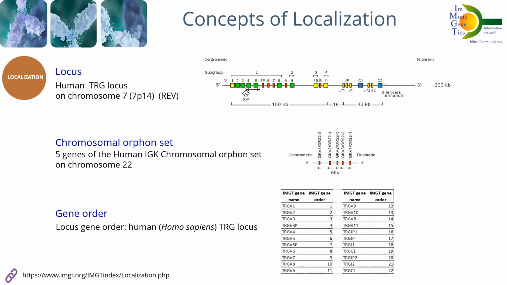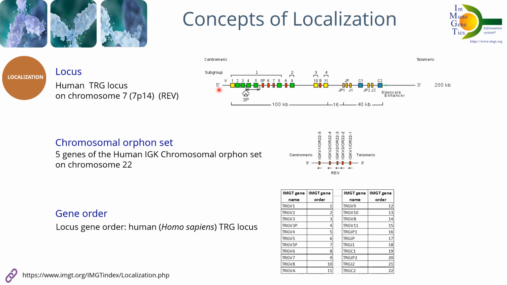The concepts of localization allow us to characterize the specific localization of sets of immunoglobulin and T-cell receptor genes in the genome. The main concepts of localization are the locus, which is a set of Ig or TR genes that are ordered and localized in the same chromosomal location for a given species.